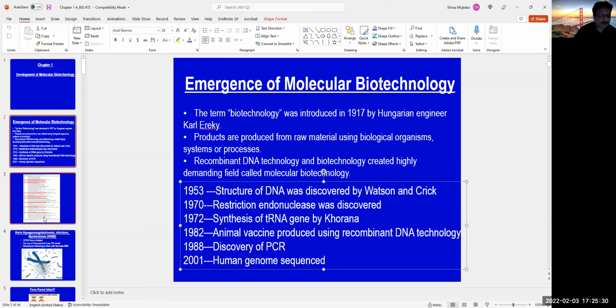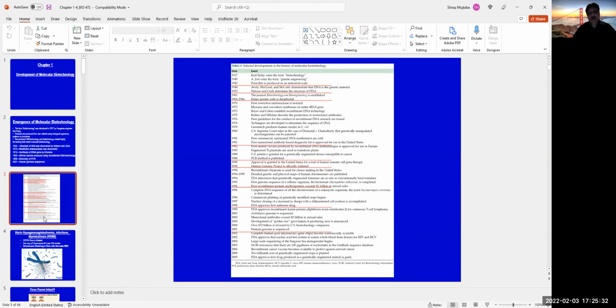So this is the list of many significant discoveries that happened in the field of molecular biology. This is just given till 2009, but I'm sure in the newer edition there will be more.